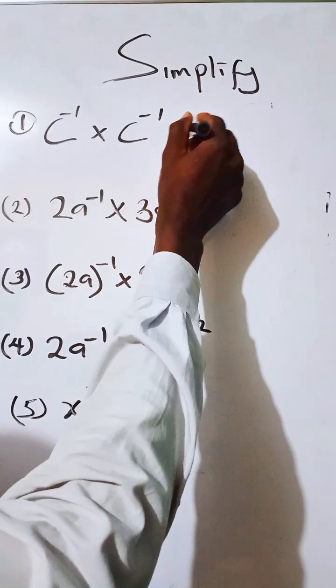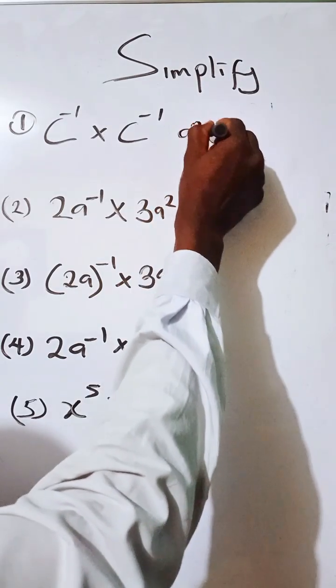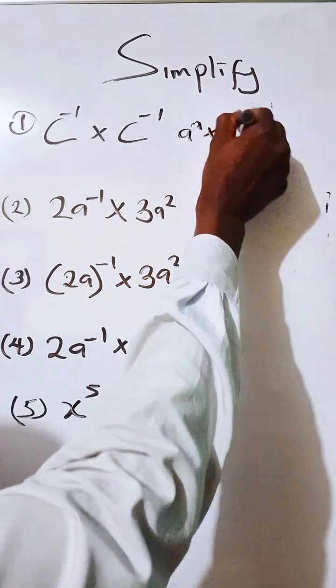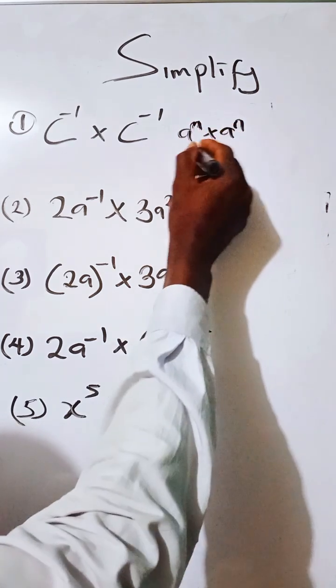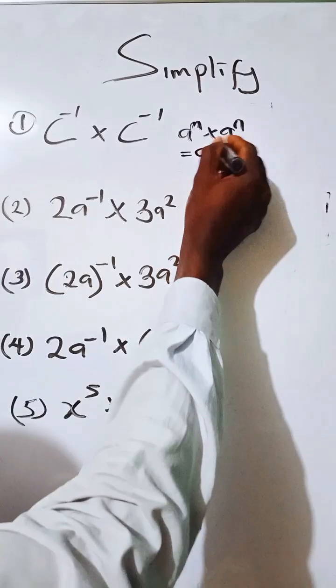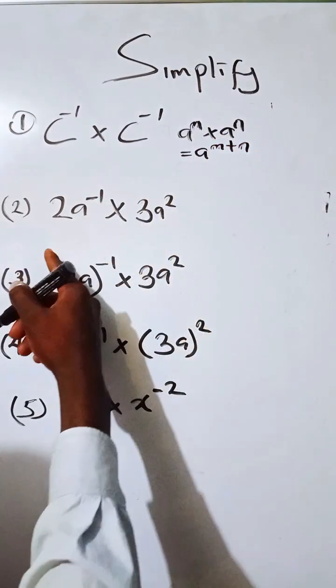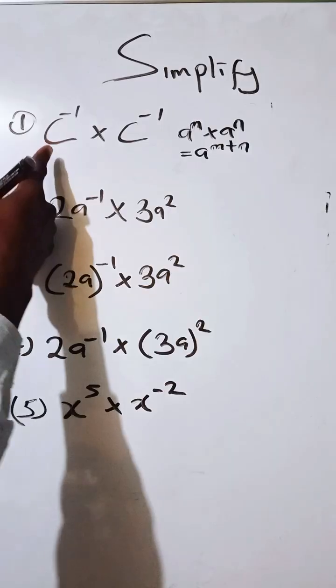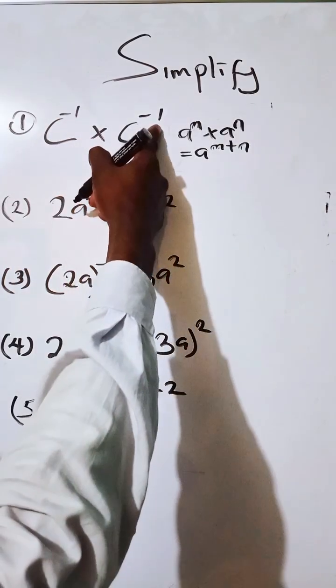So what I mean is that when we have something like a raised to power n times a raised to power n, since they are the same base, we pick out one and we add up the power. That is the idea behind the law. So to work with this, we have c raised to power minus 1 times c raised to power minus 1.